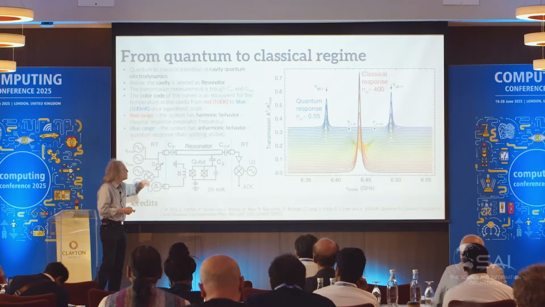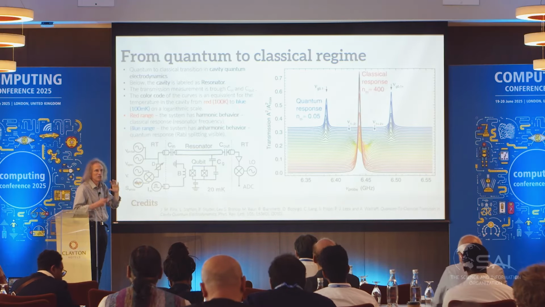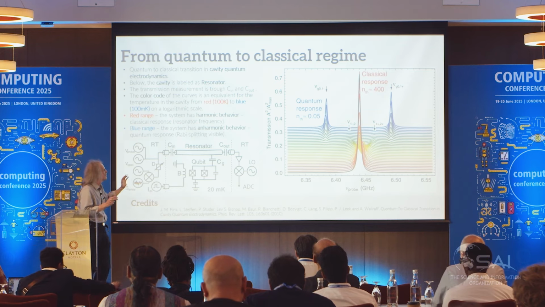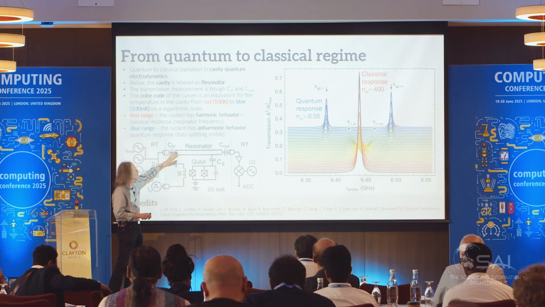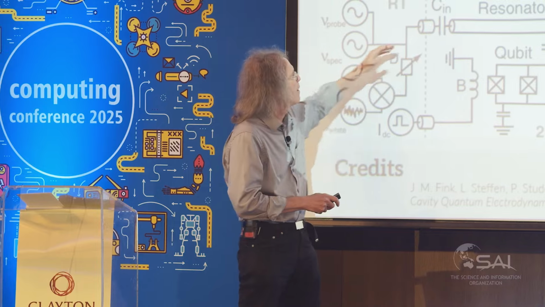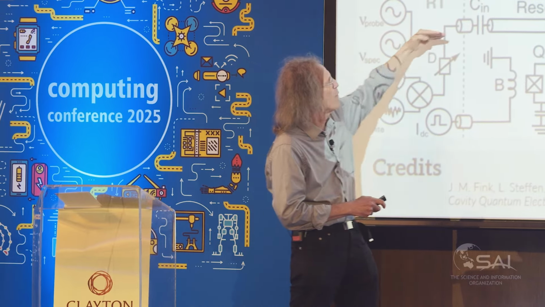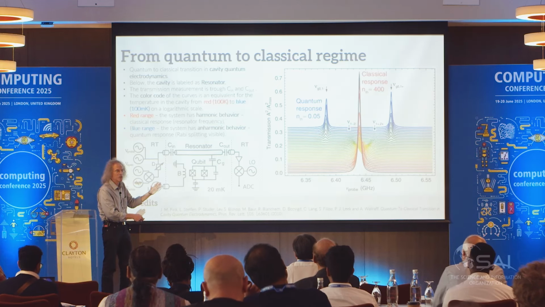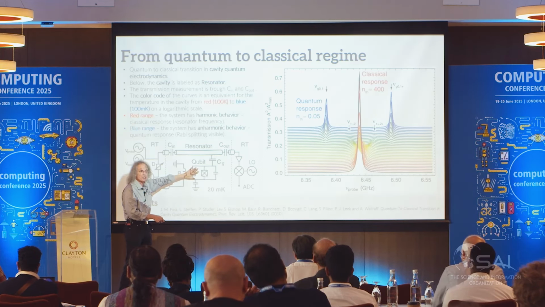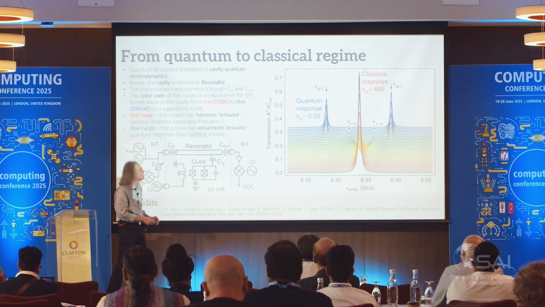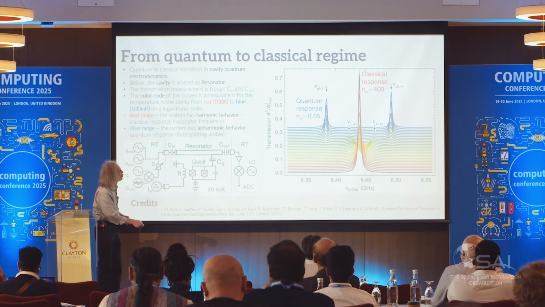If it's a 1 and you want to read it out, now it starts. You actually start to feed photons to the resonator at its own resonance frequency, which is, of course, slightly different from the qubit. And then at room temperature you actually get this peak.